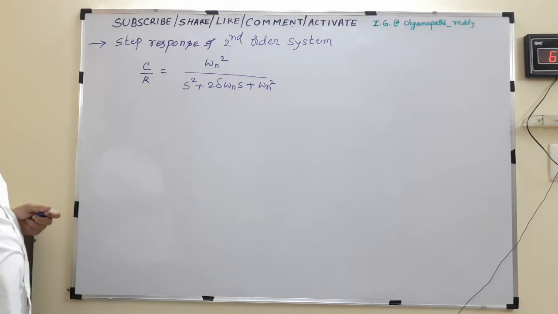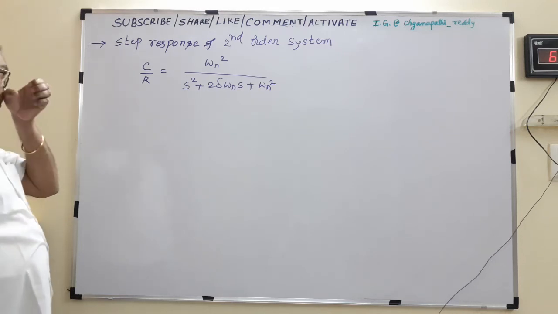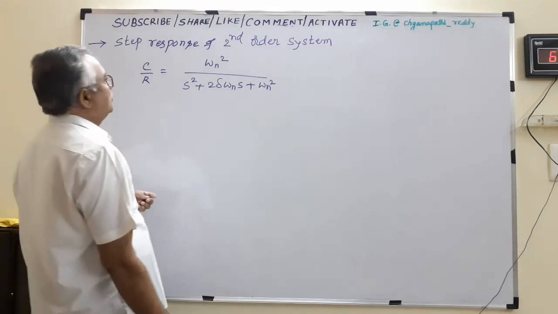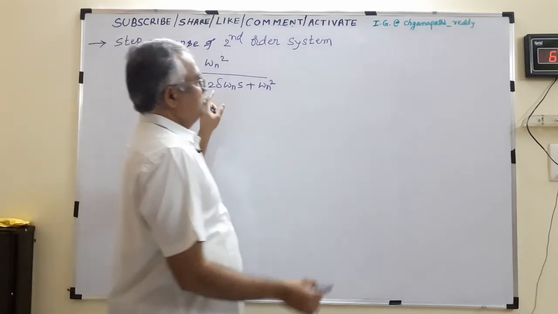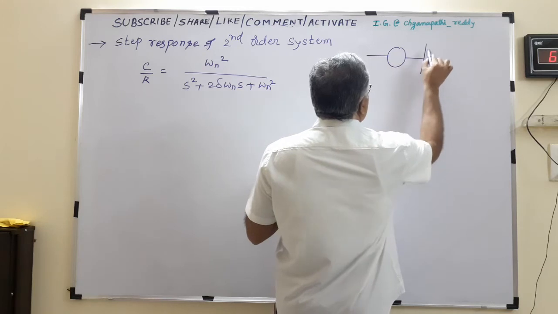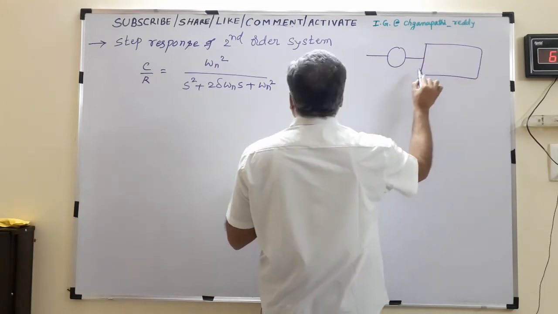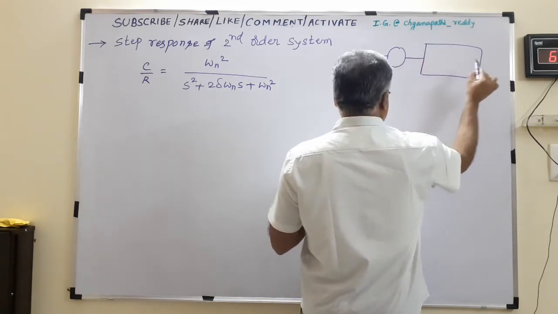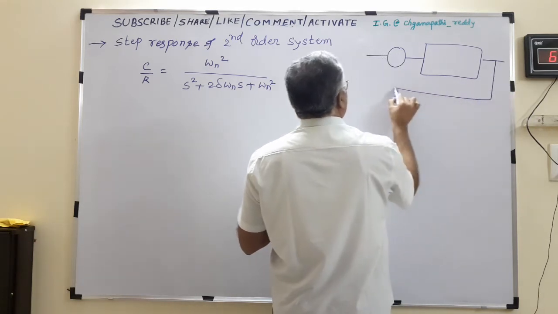This is the standard form of writing any second order. So why is it a second order? Same thing. So this must be a second order for a unity feedback.